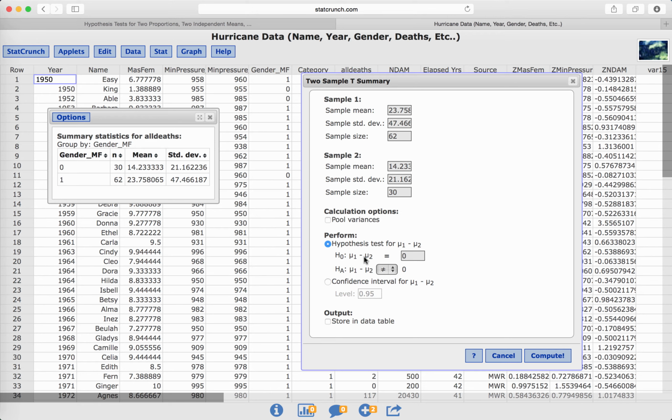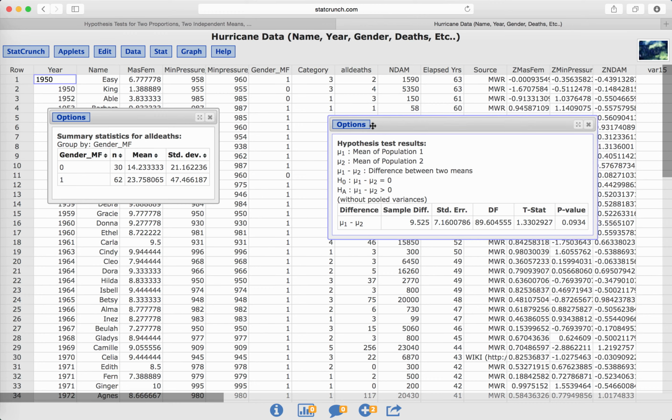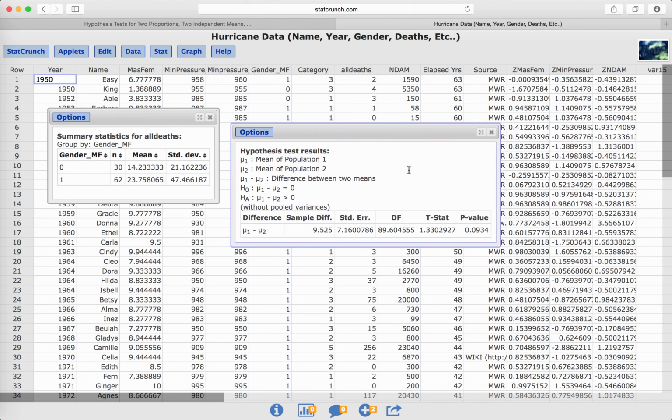We have the null is that they're equal, and the alternative, remember, was greater than, because the claim was that the female names had a higher number of deaths. So now that I'm all set, I'm going to hit compute, and now I get my results.